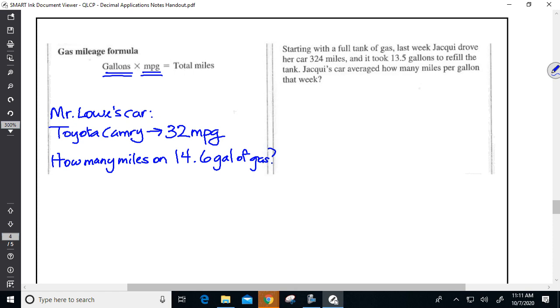So I know how much gas I have. I know the miles per gallon. So my total miles equals 14.6 times 32.